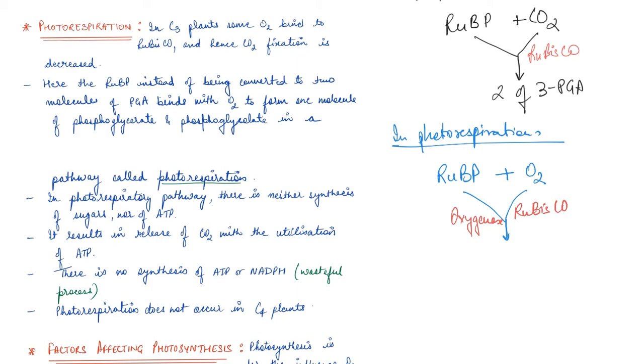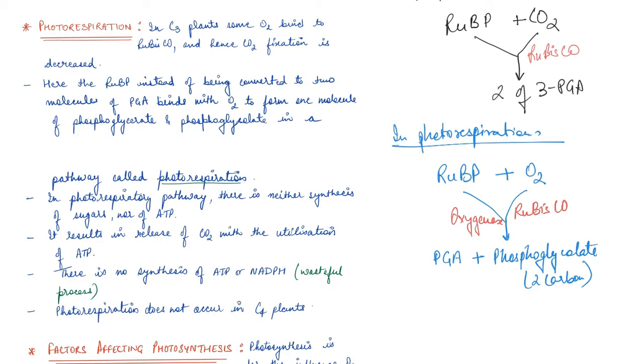It is producing one phosphoglycerate, right? So there is one molecule of PGA and the other molecule is phosphoglycolate, right? Now this phosphoglycolate is basically two carbon. And this pathway is known as photorespiration.